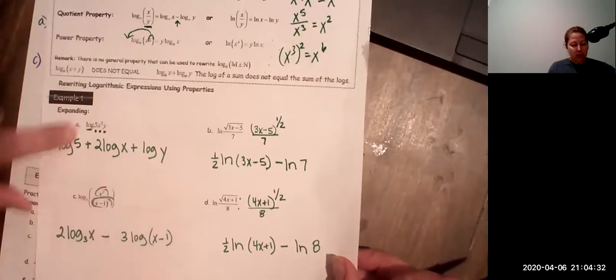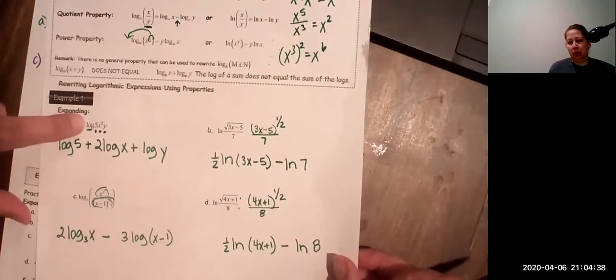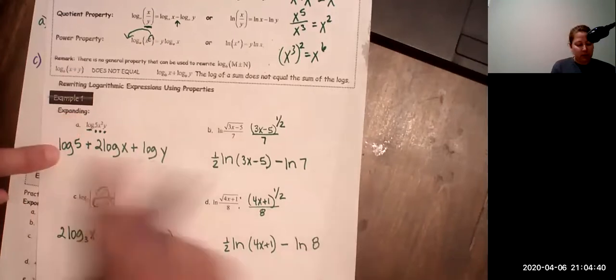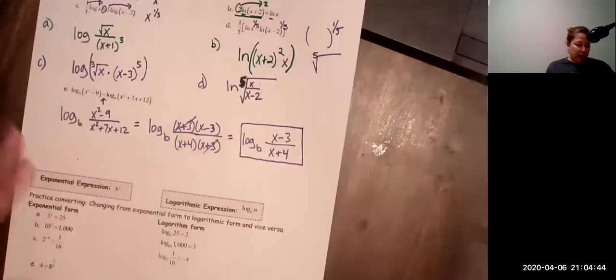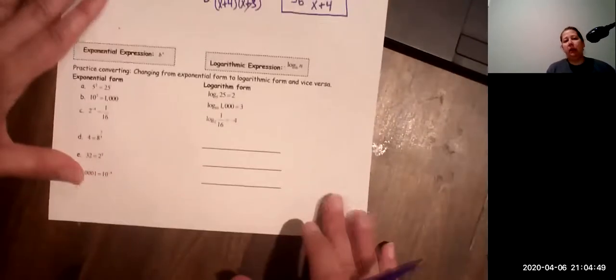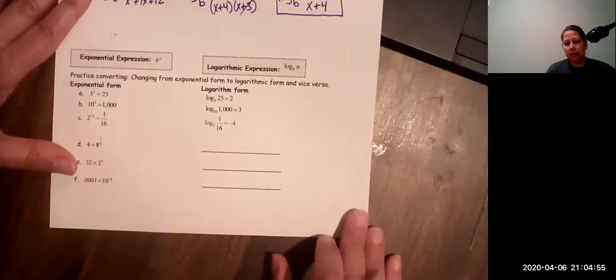So we need to be able to go from here to expanded form, or from expanded form to condensed form, okay? This looks like expanded, and this looks really condensed, all right? All right, and then this last thing that goes with this is we need to be able to change an exponential expression into a logarithmic expression, okay?